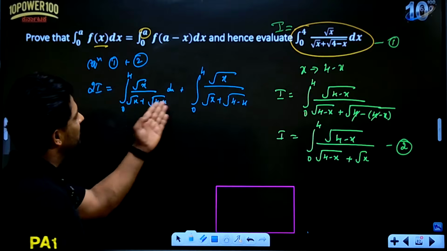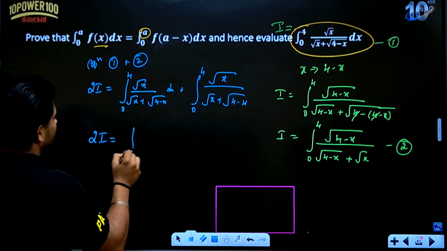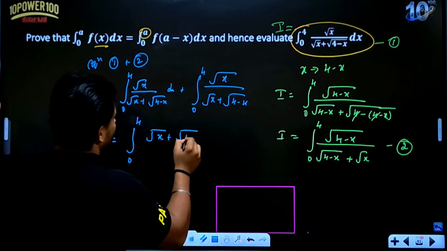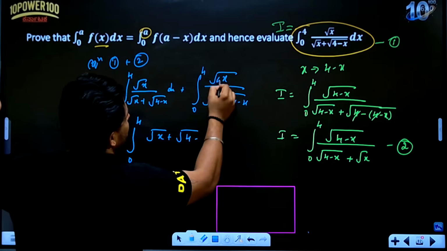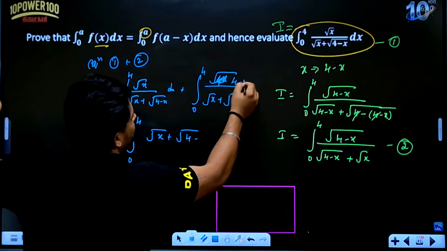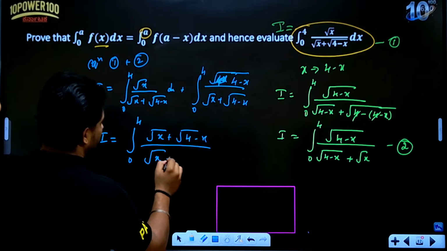Now look at this, the denominator is the same, so we can add up the numerators. So 2i is equal to integration of 0 to 4 root x plus root 4 minus x, whole divided by root x plus root 4 minus x.